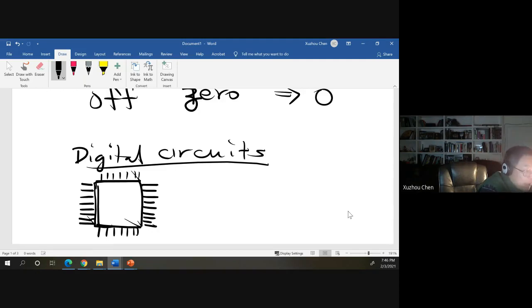Each wire represents an input. If we apply some voltage there, that represents applying 1 to this particular input, and then we can apply 0, which means there's no voltage. 1 means there's a voltage, 0 means no electricity.